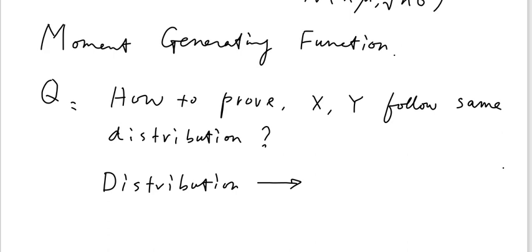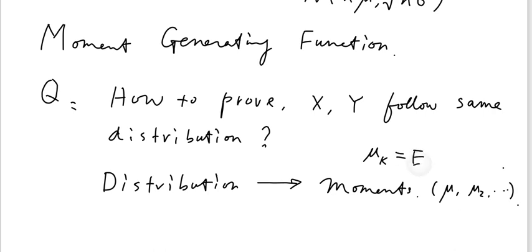So we call those moments. We denote this as mu1, mu2, mu3, like this. So we say mu k, we define this equal to E[X to the k]. So we call those moments. Okay. So one distribution has only one sequence of moments, right?